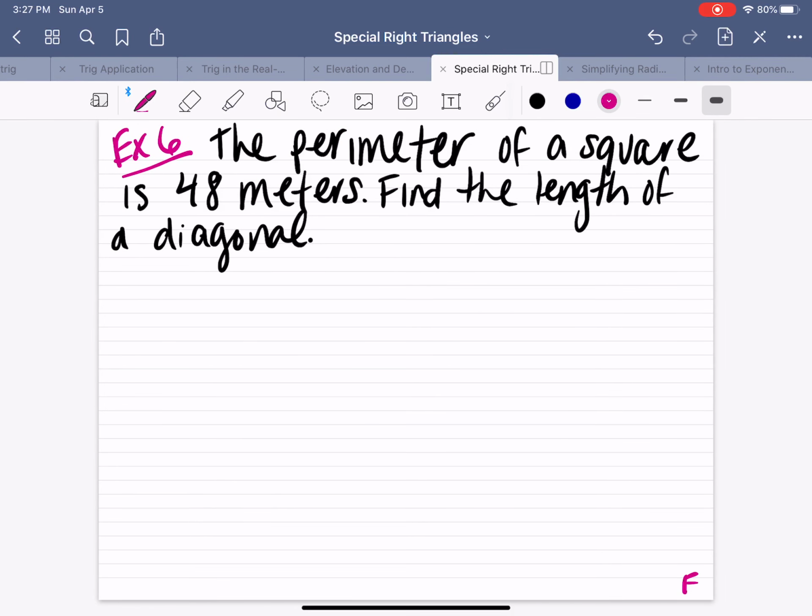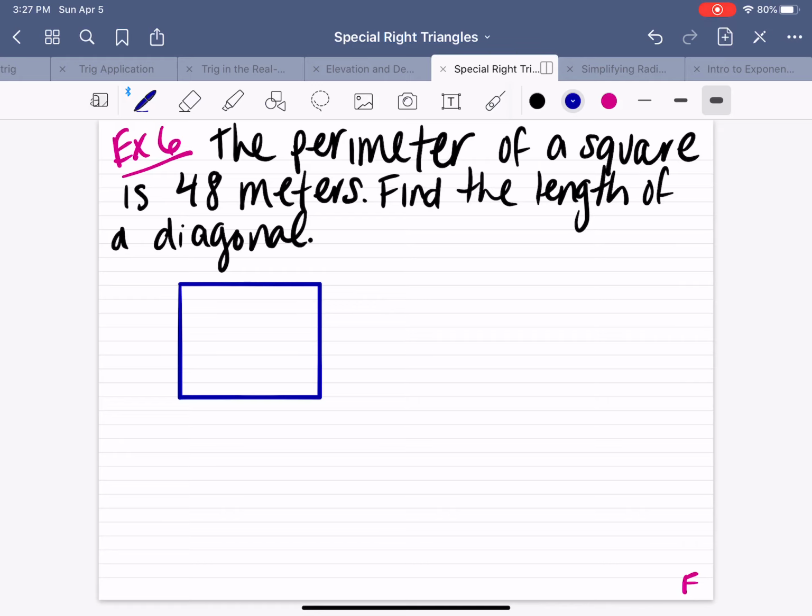For the final problem, we have an application for our 45, 45, 90. Now, the perimeter of a square is 48 meters. Find the length of a diagonal. So let's start by drawing the picture. The perimeter of a square. So let me draw a square. So here's my square. Remember, squares have equal sides.